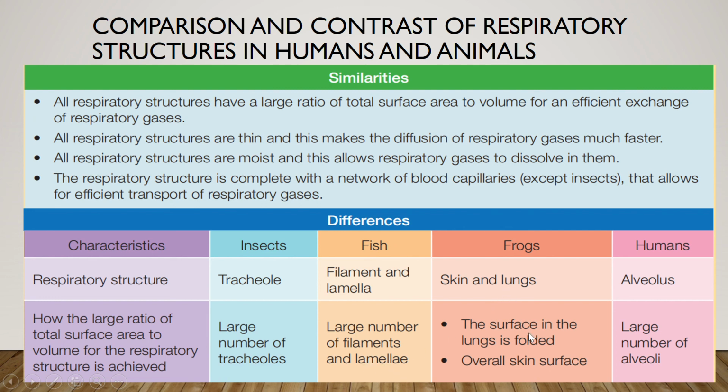And for frogs, the surface in the lungs is folded. This is an adaptation to achieve large TSA to volume ratio, and also the overall skin surface. And for humans, how do we achieve this large TSA to volume ratio? It is by having a lot of alveoli.